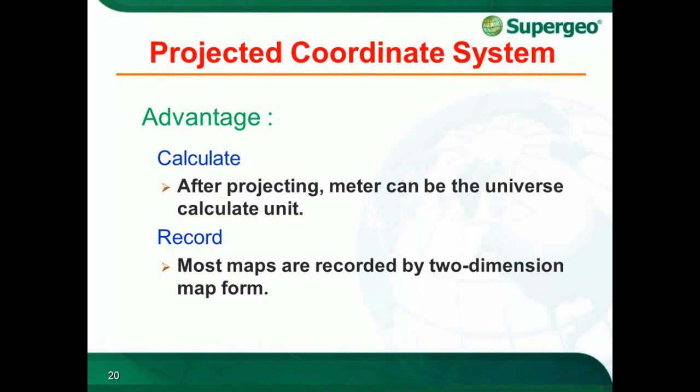Therefore, in different countries, many projections have been developed and used for more accurate measurement. Besides, most maps right now are recorded in 2-dimensional map form, and after projecting, the meter can also be the universal unit. So both of them will be a great help in storing and calculating on the map.